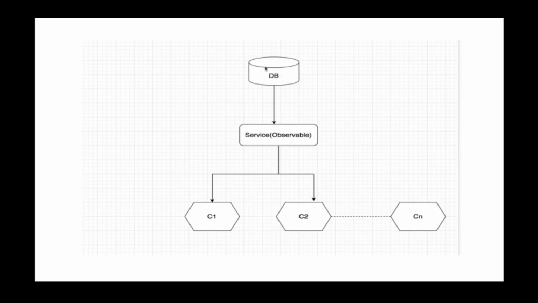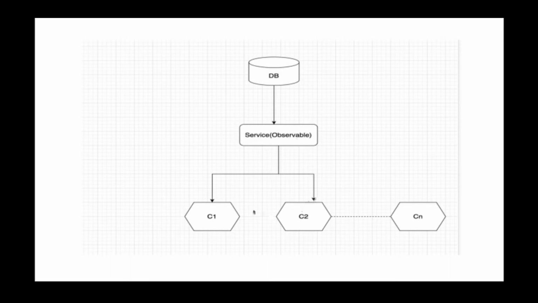Let's say my external source is the database or server. Here this service package, this service module, is, let's say, my news channel where my observable is present. Once some response comes from the external source, that is the database, what is observable doing? It is casting those responses into the particular array. After that, it is sending the same response back to those components who have already subscribed to that particular method which is present inside the service, and that is using observable.